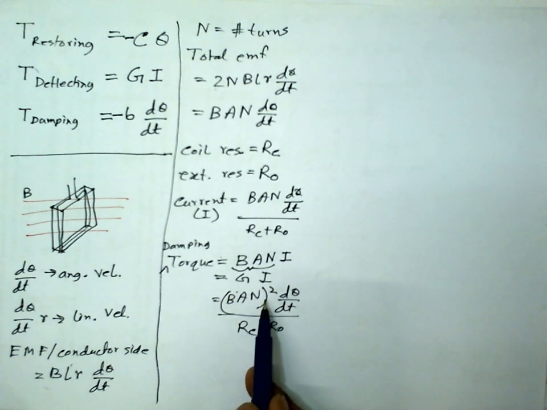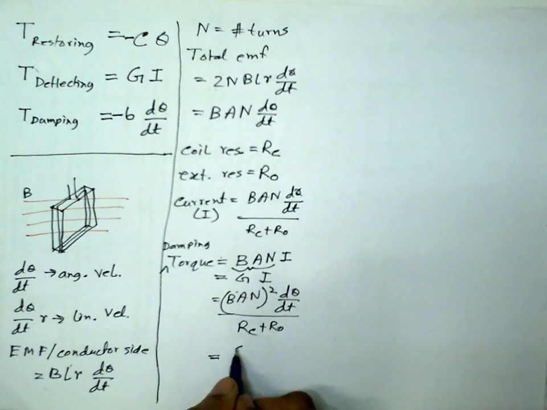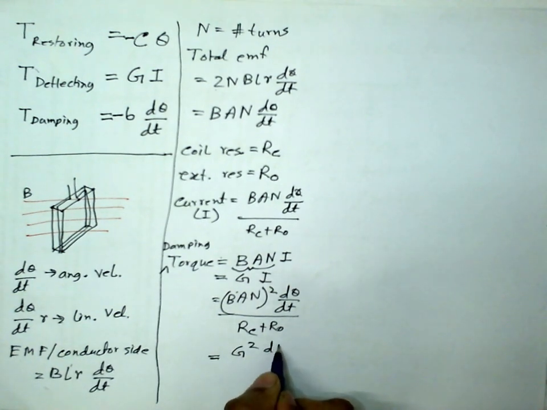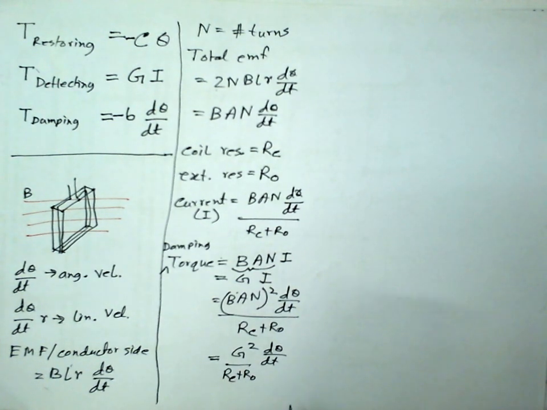Now BAN square is G, so this becomes G square d theta dt whole divided by RC plus RO. So this is the damping torque.